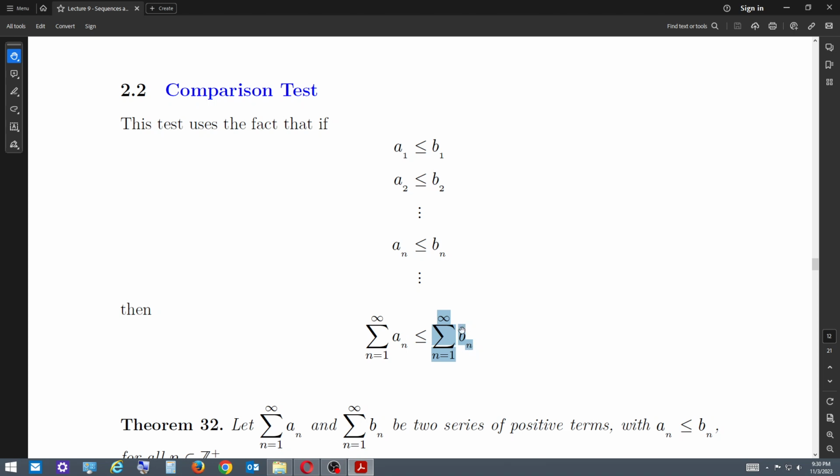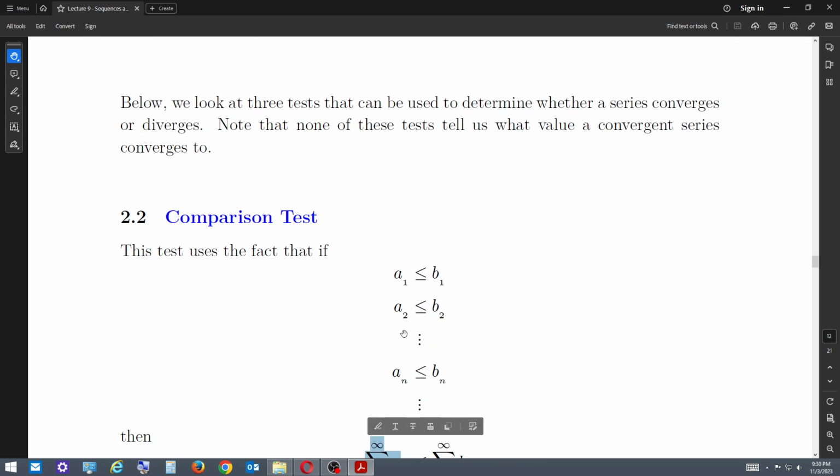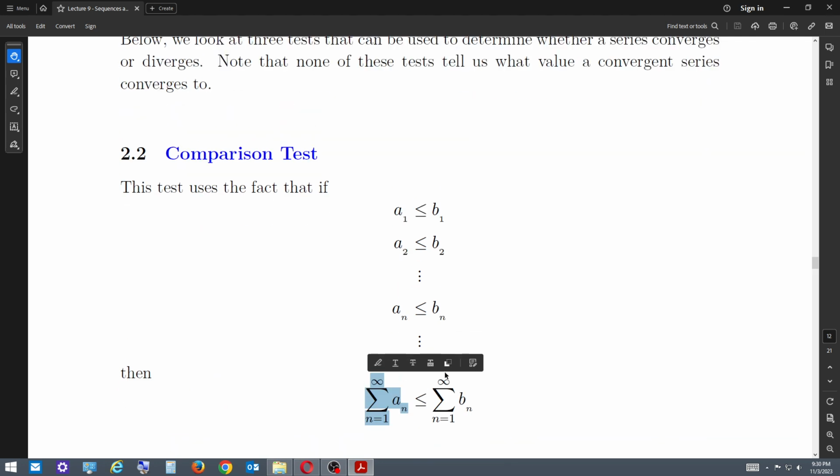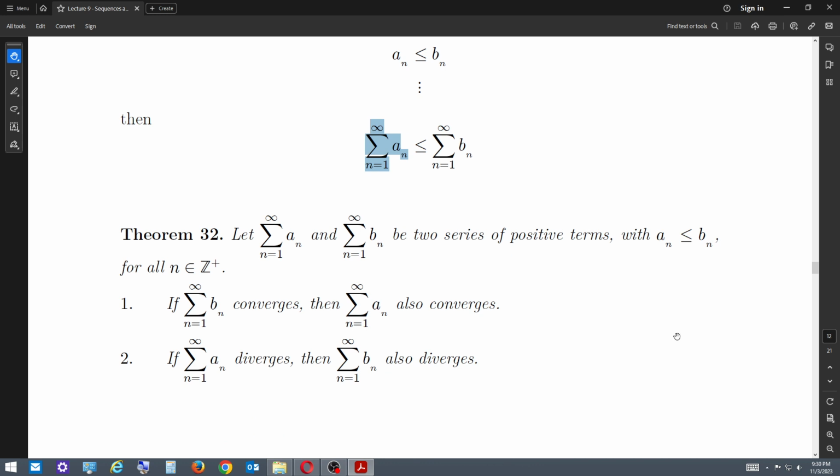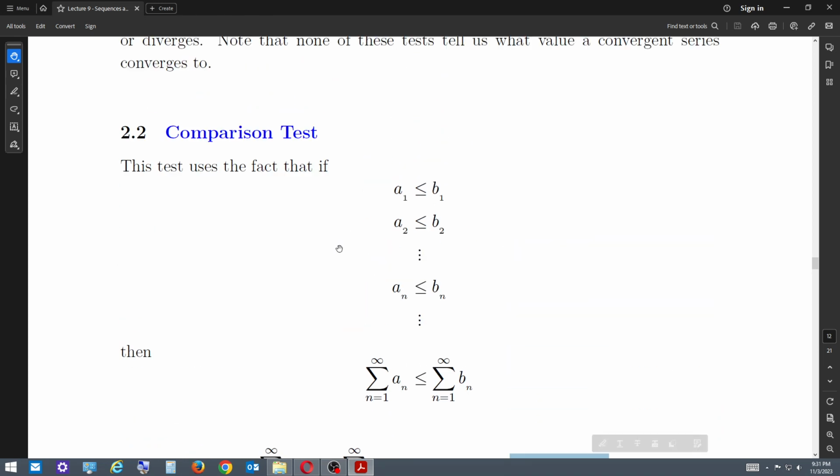So if this thing converges to a finite value, then this must also converge to a finite value, assuming that they are positive. We're just going to assume that they are positive for now, because the theorem for the comparison test actually uses positive terms. So that's why I mentioned that.